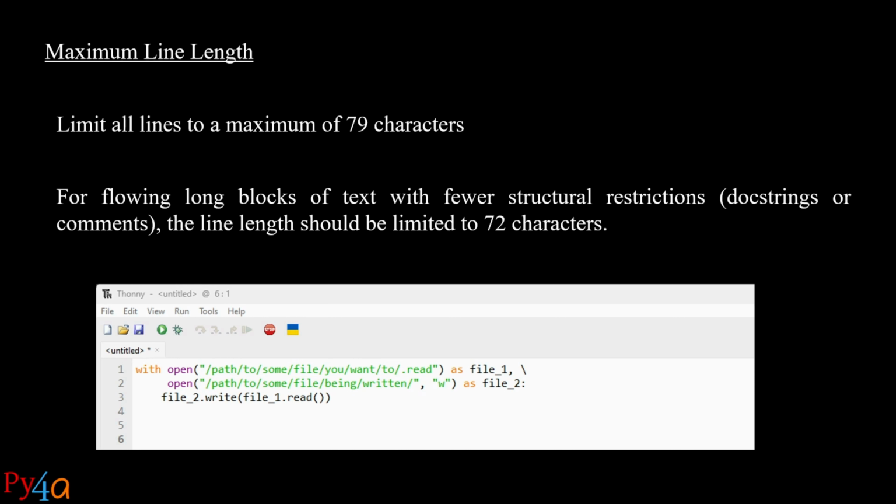Also, you have the path, and in this case, we are writing file2.write(file1.read()). Don't bother about the intricacies of the code here. In our subsequent videos, we will demystify the statements in all of these examples. We will see them practically demonstrated, so we have a better understanding of what we are doing here.